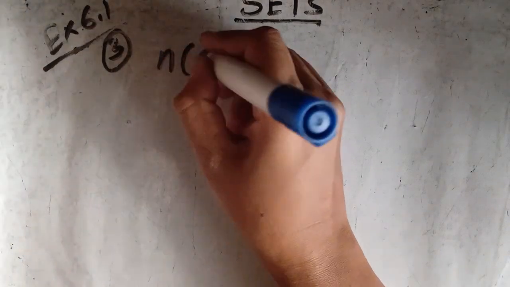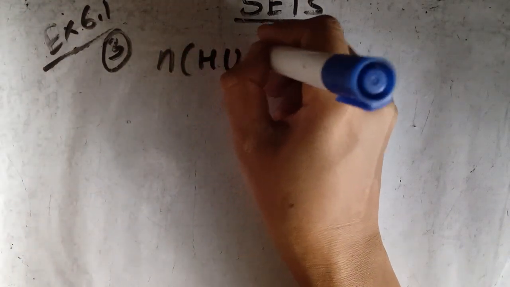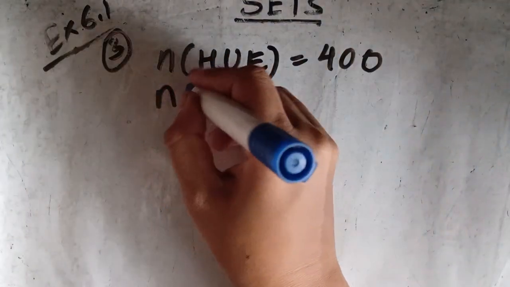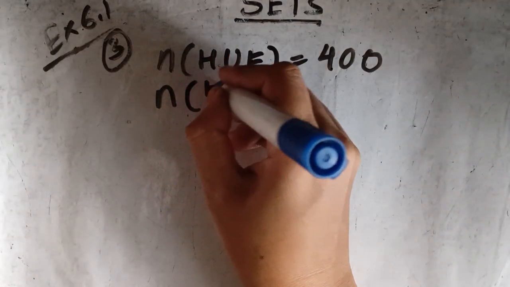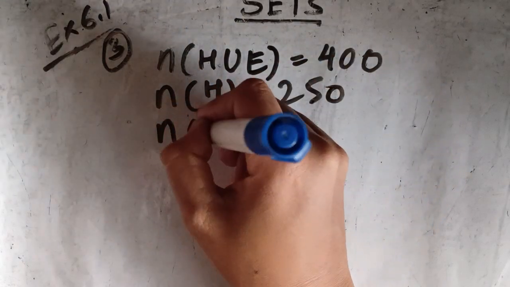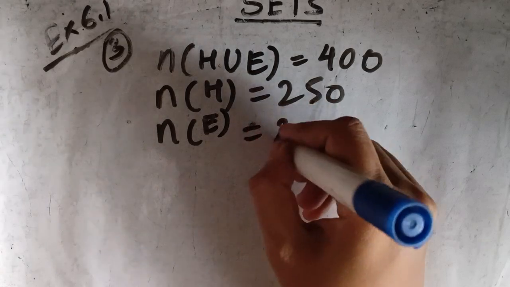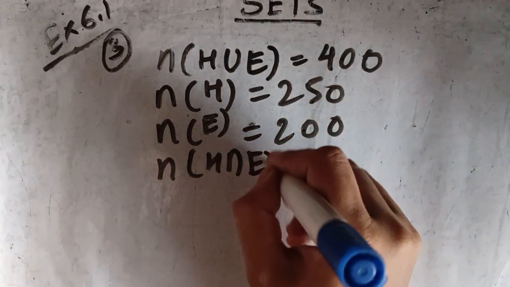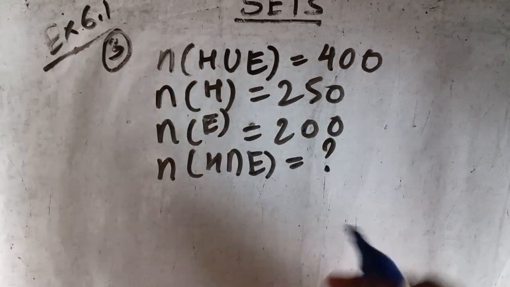So the union is given. Hindi 250, English 200, and we have to find the intersection.